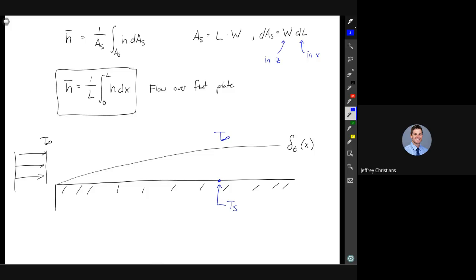At any given point, let's say this point, let's imagine we know an equation for h at that given point. So let's say h at x equals A x to the minus 0.1.